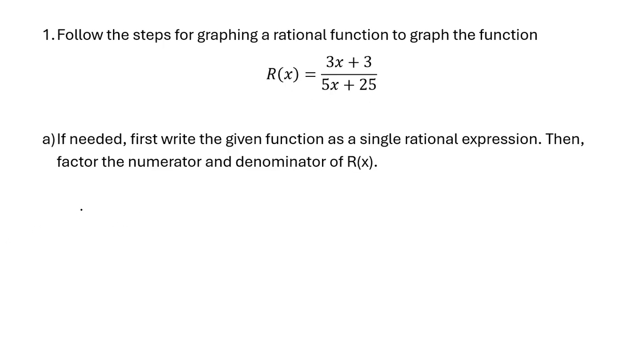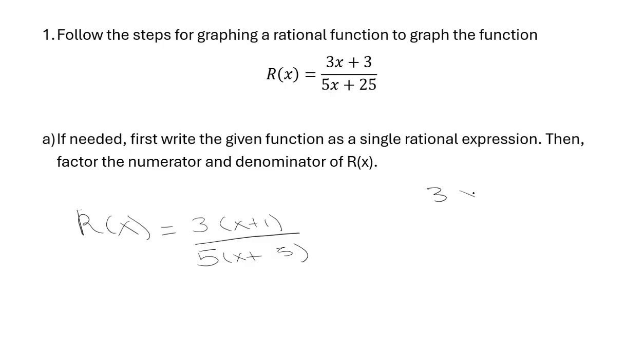Okay, so if I take a look, in the numerator I have 3x plus 3. If I factor the GCF out, that gives me 3 times (x plus 1). At the denominator, if I factor the GCF of 5 out, that gives me 5 times (x plus 5).